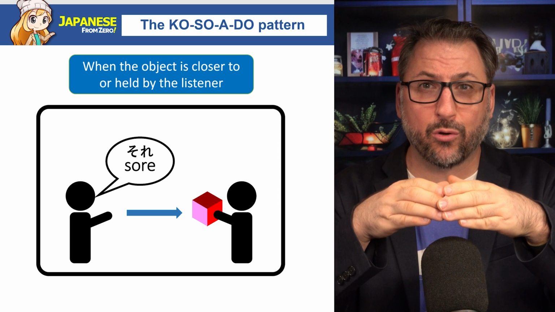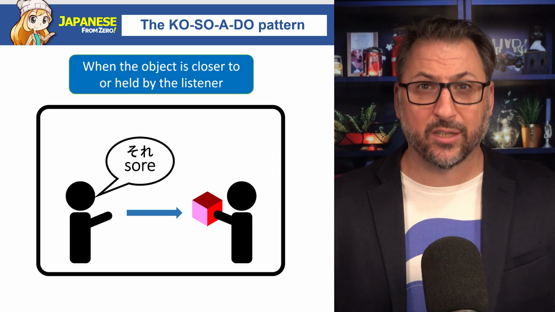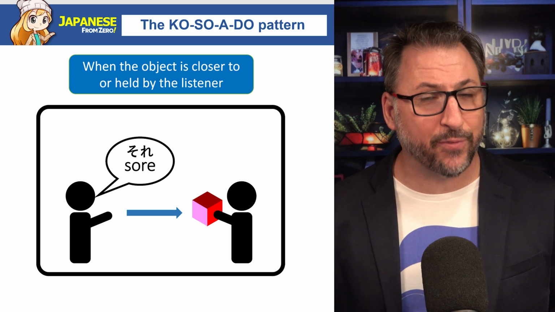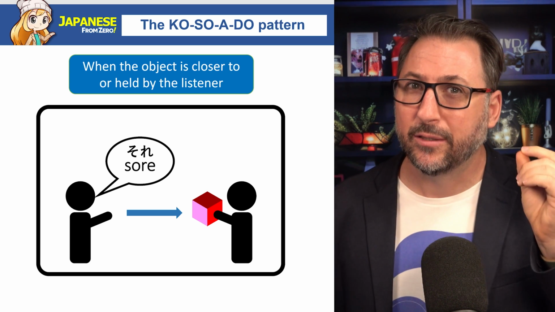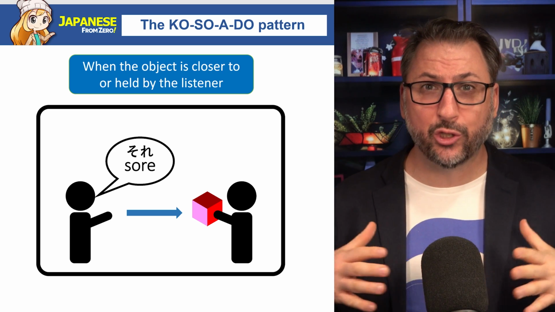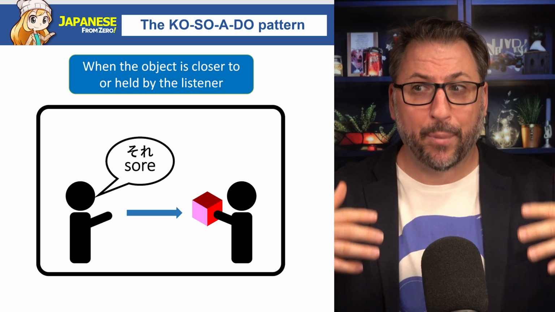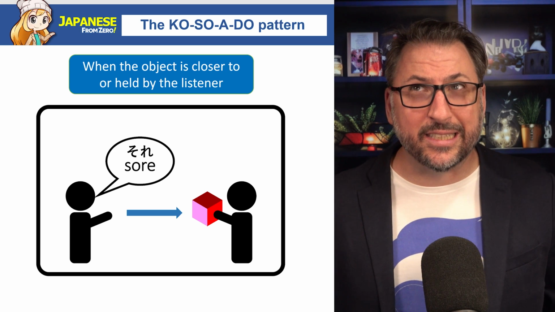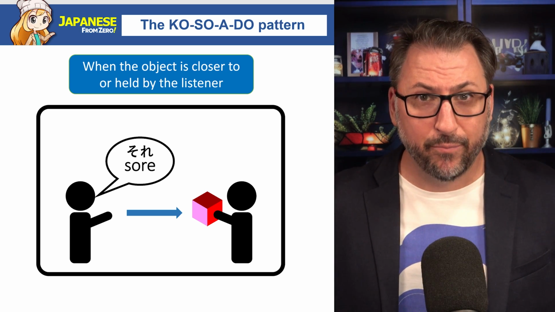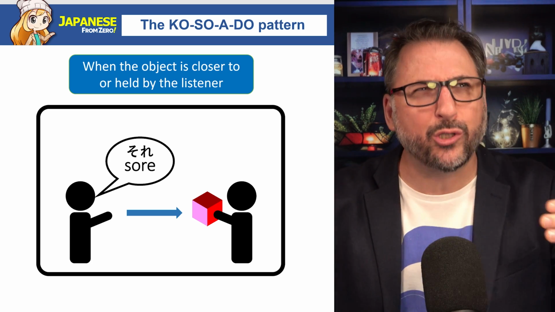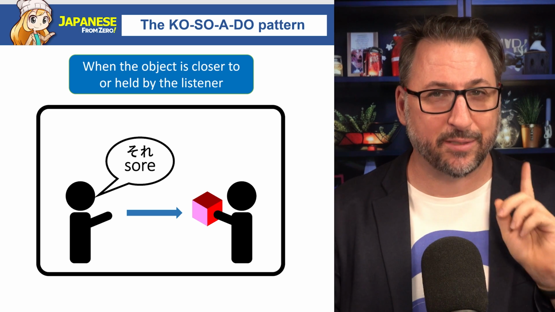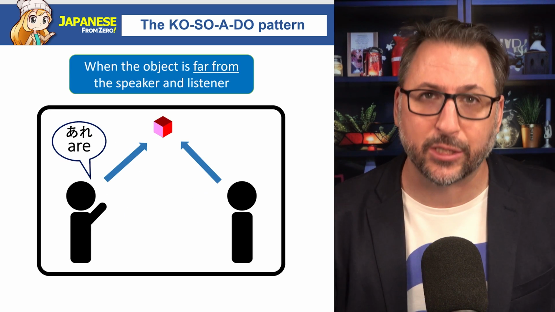We had the ko circle, the so circle, and the a circle. It's a really good graphic. It's actually one of my favorite graphics, but it's a little bit not as good as it could be, right? The reason being is that ko is true, close to me, but so, it's not close to me, that's true, and a for are, meaning that over there, is also not bad to be far from me, but there's one key element that's missing, and that is a listener.